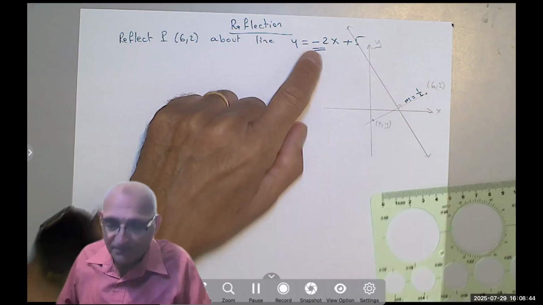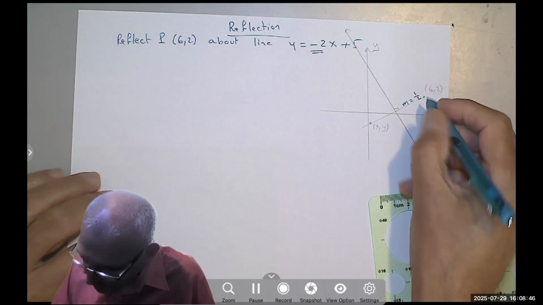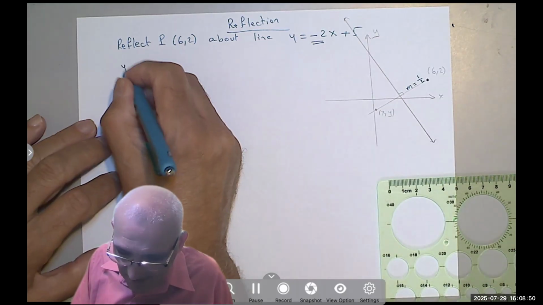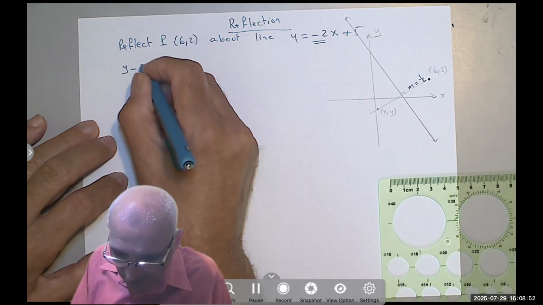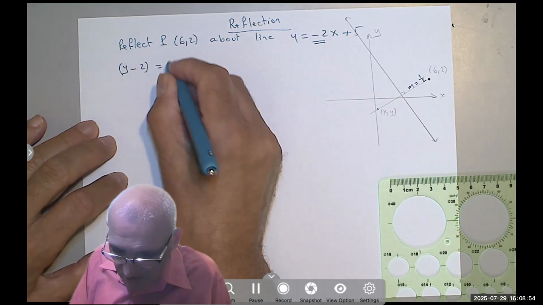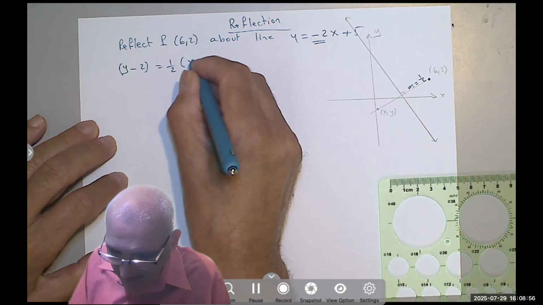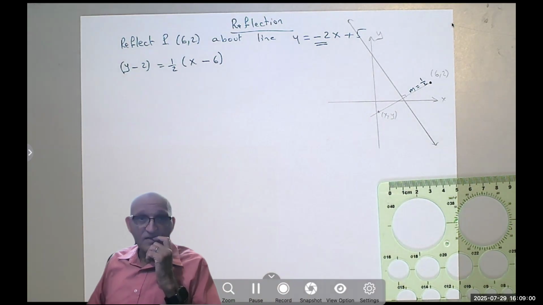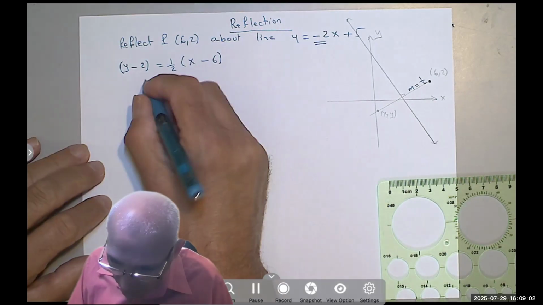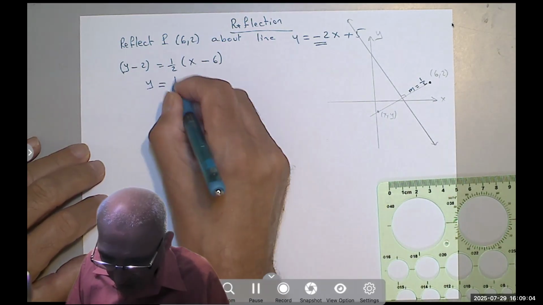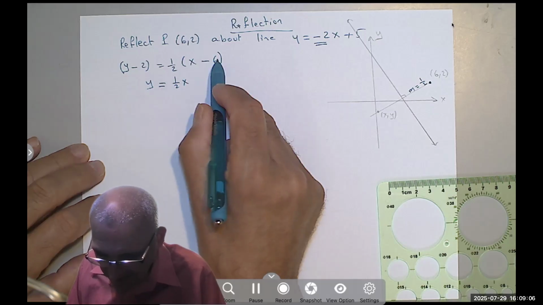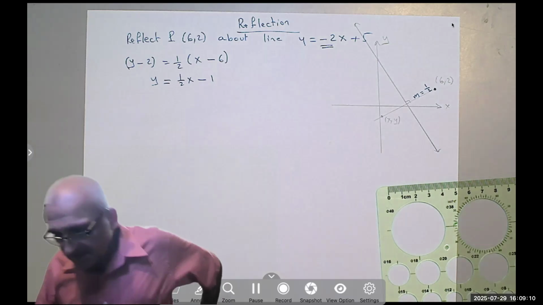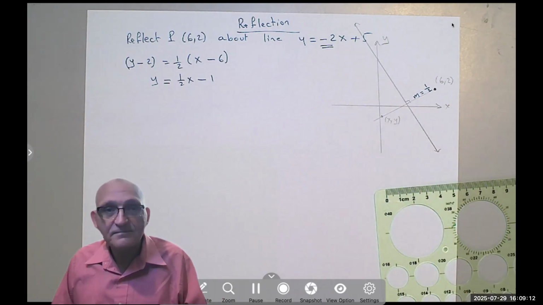So you get 1/2. And if I know a point along this line, I can say y minus y1 equals the slope times x minus x1, which means my y equals 1/2 x minus 3 plus 2, so minus 1. That's the equation of this line.